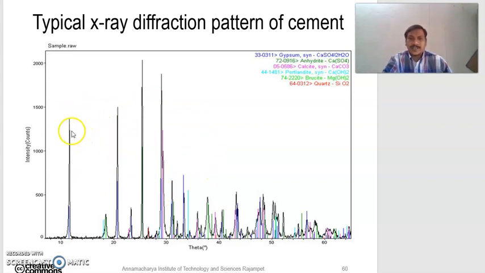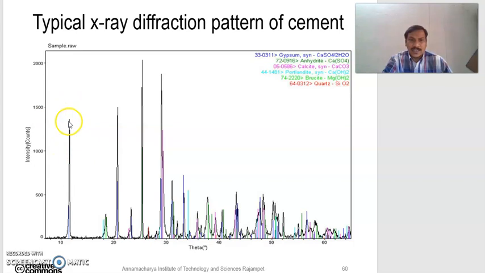From each orientation of crystal plane, the X-rays are diffracted. These diffracted X-rays produce a circle shaped image. The circle shaped image intensity is recorded in the diffractometer, and you can observe the data. So the 2 theta value is taken on the x-axis, and the intensity of the particular crystal plane is identified on the y-axis.